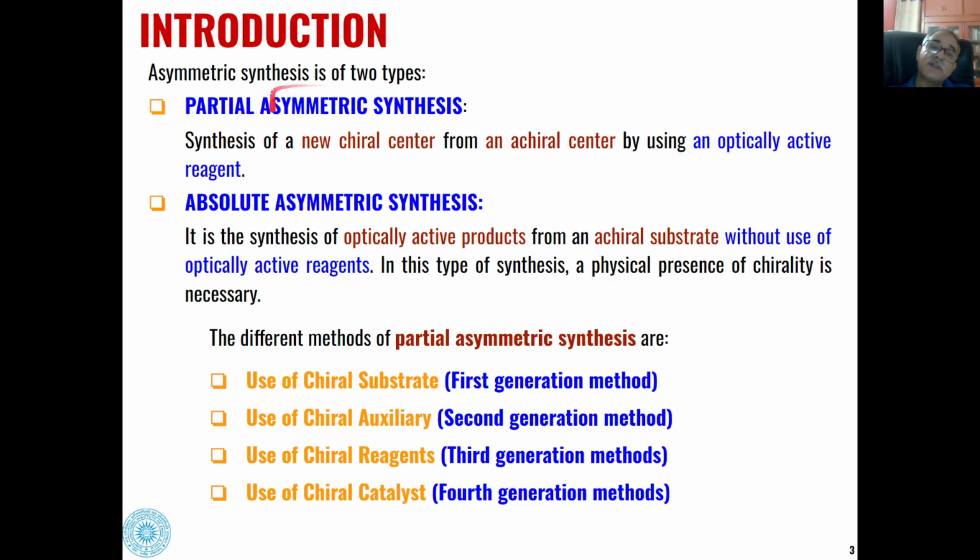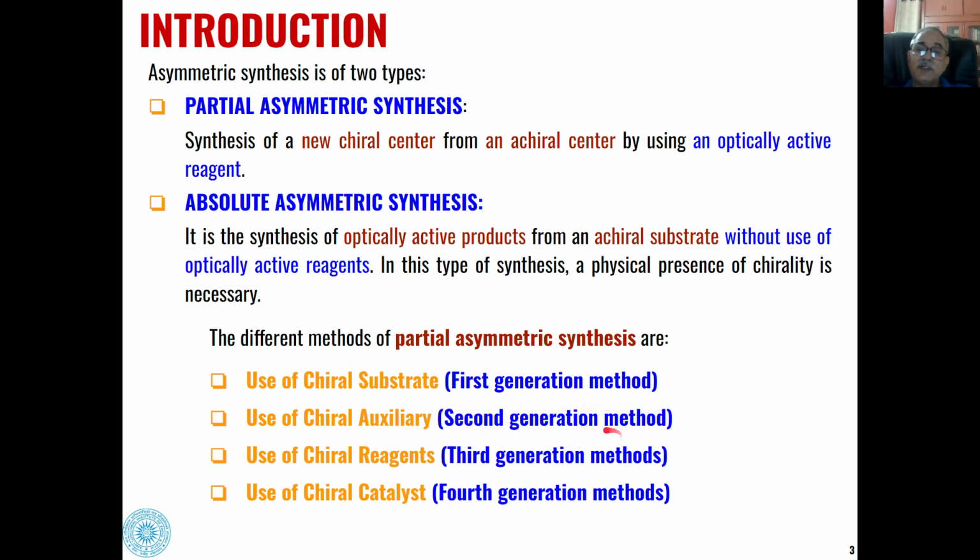Now we will first discuss partial asymmetric synthesis, where we will use an optically active reagent either in the form of catalyst or solvent or in any other form to produce a chiral center from an achiral center. There are generally four types of methods used in partial asymmetric synthesis. First generation methods, where we will use a chiral substrate.